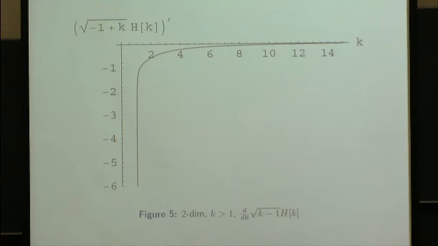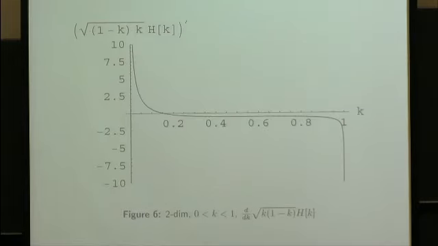This is about the derivative for k larger than 1, two-dimensional case. So you can see it's monotonically increasing. And this is for the case k is in between 0 and 1. Then the derivative will change its sign.